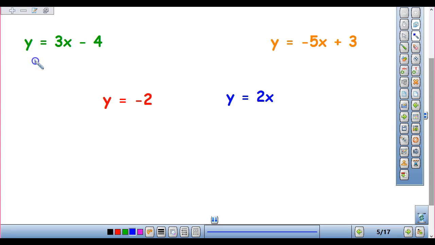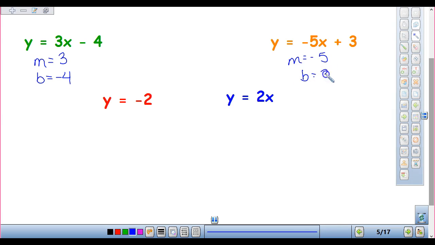If you want your slope, we got to go m equals 3, and my b equals -4. There you go. Okay, so over here, my m is -5, my b is 3. Very good.